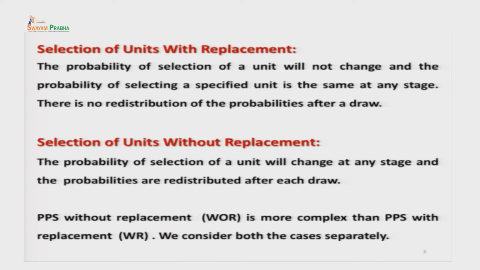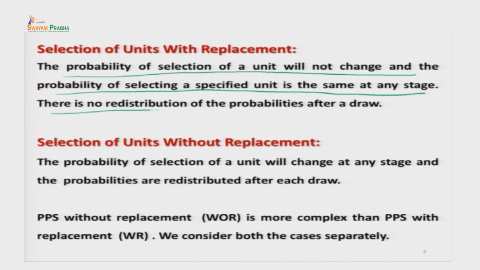When we consider the selection of units with replacement, the probability of selection of a unit will not change, and the probability of selecting a specified unit will remain the same at any stage. There is no redistribution of the probabilities after a draw. Why? That is very easy and natural to understand.